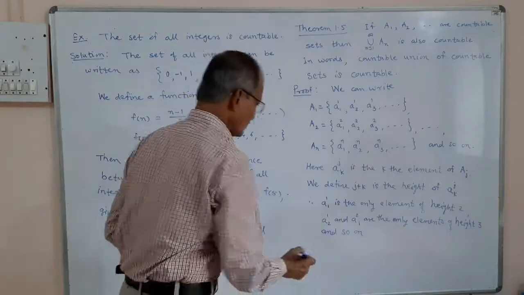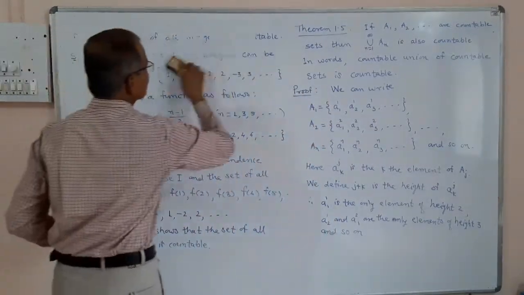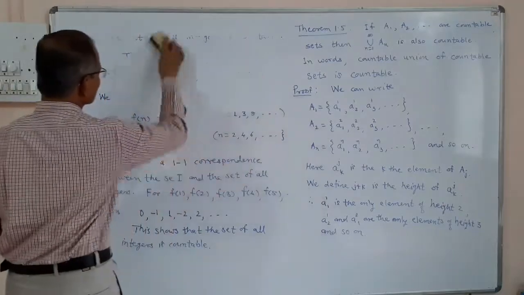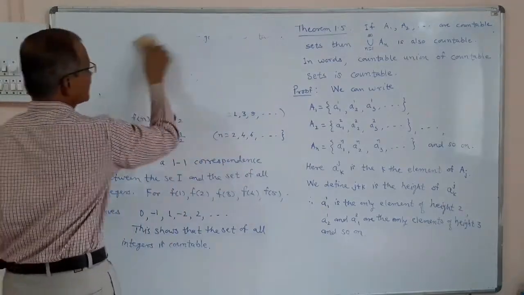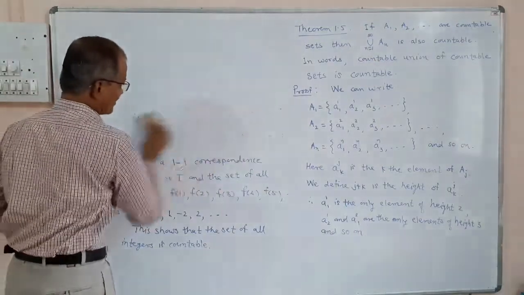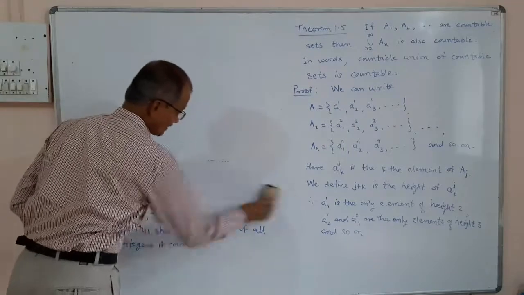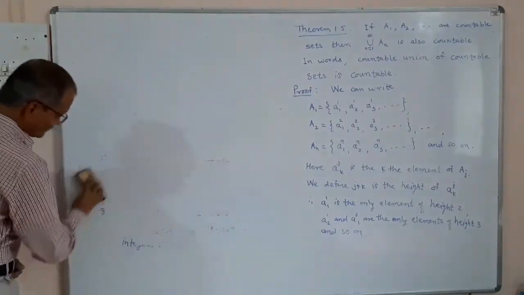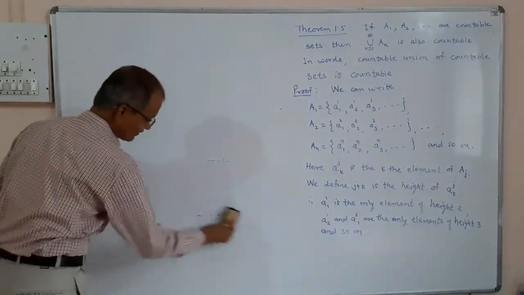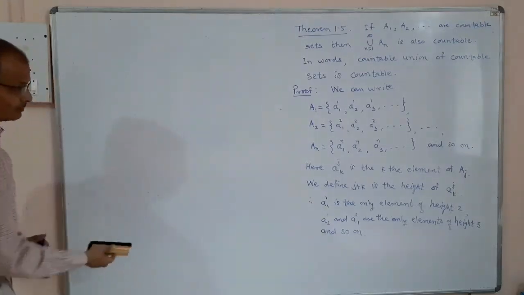And so on. In general, if m is greater than or equal to 2, what will be the number of elements of height m?